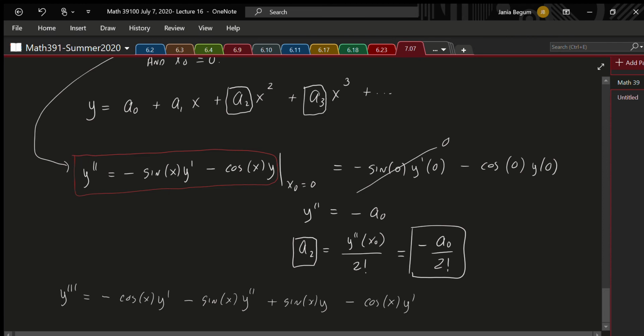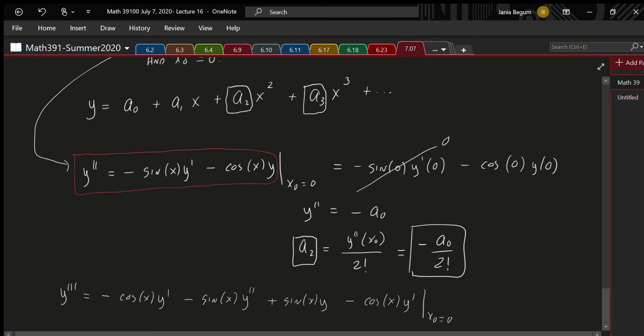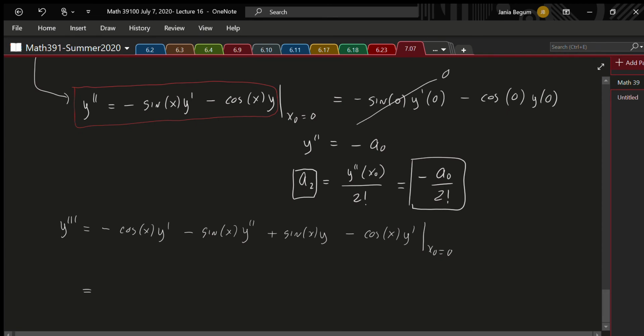That's the expression for the third derivative, which will give us a3, but we have to divide by 3 factorial. And then we want to evaluate this at x naught equal to 0. So we have negative cosine of 0 times y prime at 0, minus sine of 0 times y double prime at 0, plus sine of 0 times y at 0, minus cosine of 0 times y prime at 0.